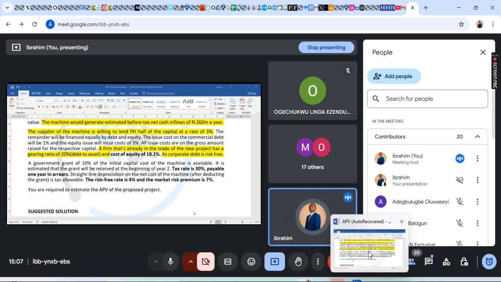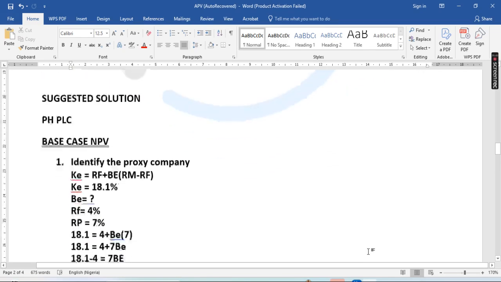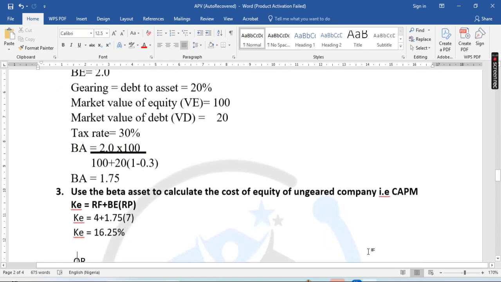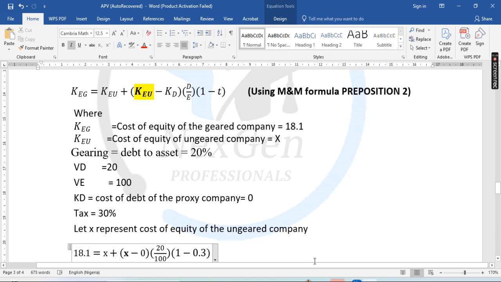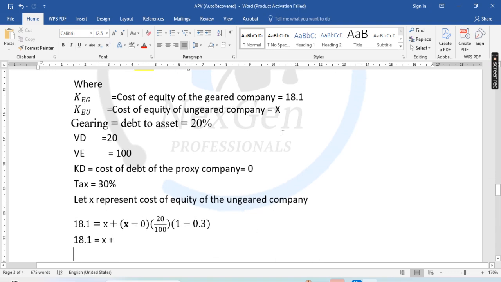So in this case, the corporate debt, which is the risk-free, will be our cost of debt. What is our cost of debt?